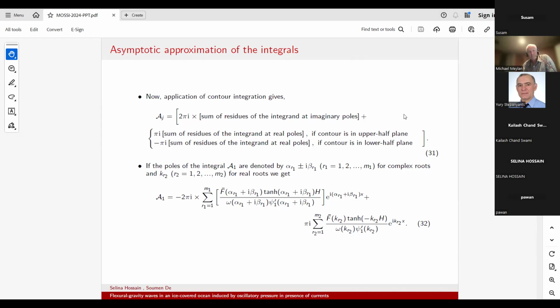It covers the imaginary poles, and we have drawn a small contour around the real poles also. For these types of contours, we have used the formula as given in 31. Actually, we have not drawn the contour in this slide.